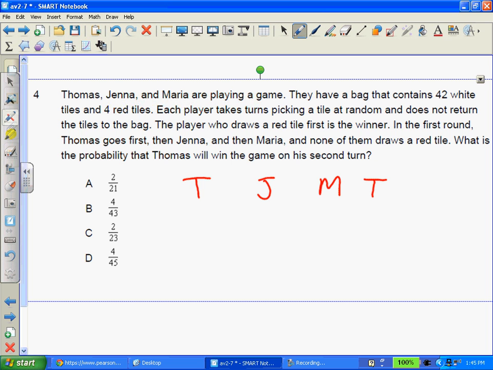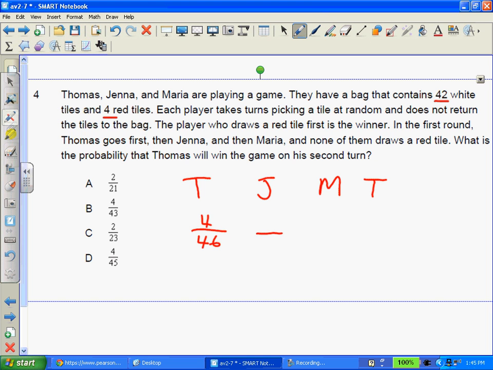So his first probability is, the total number is 4 red tiles and 42 white tiles. So at the beginning we have 46 tiles. The probability of getting a red tile is 4 out of 46. That doesn't come to pass.